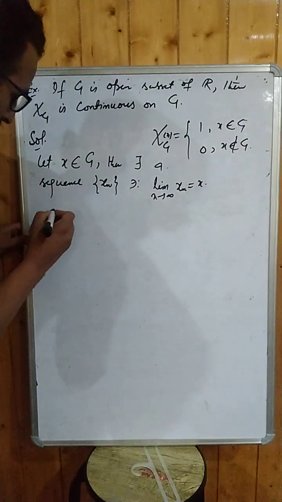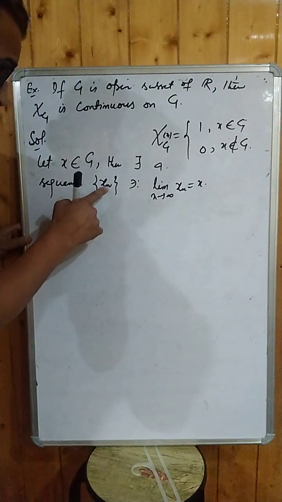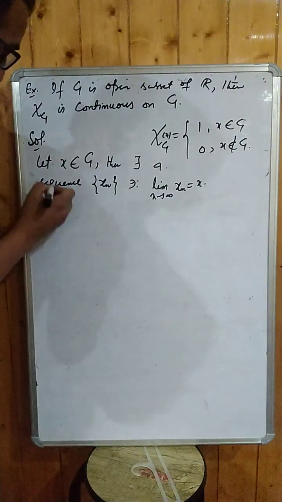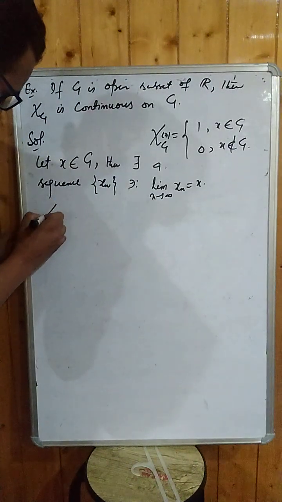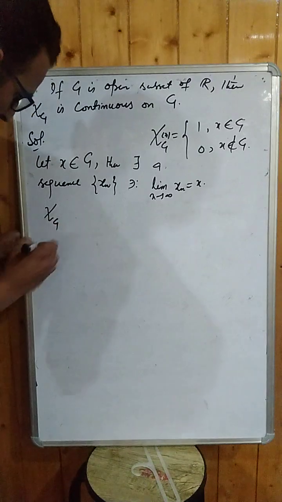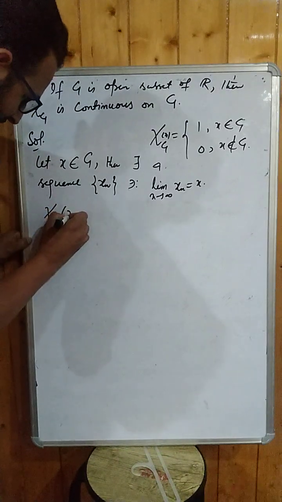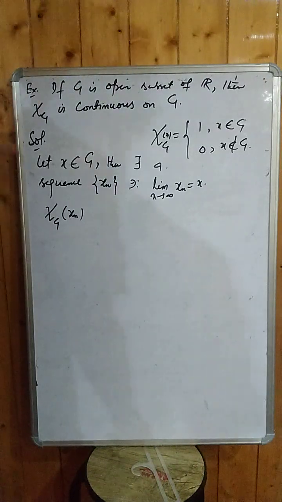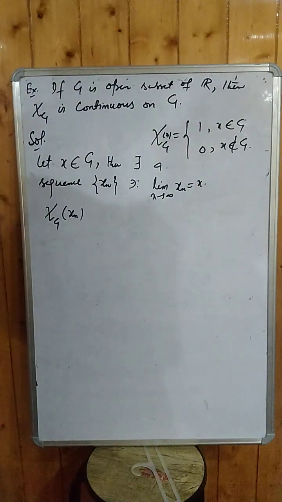So now we shall check the post images of this characteristic function. Let us check the post image of this sequence xn. Since xn is not a single term, it contains infinite number of terms, because every sequence contains infinite number of terms.